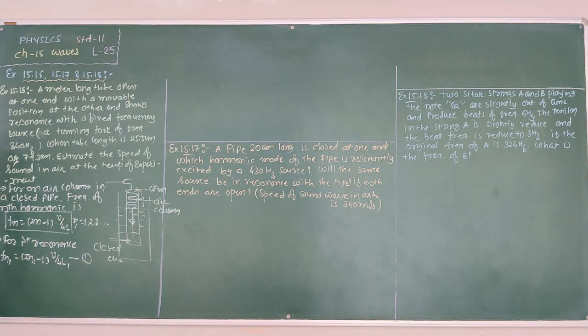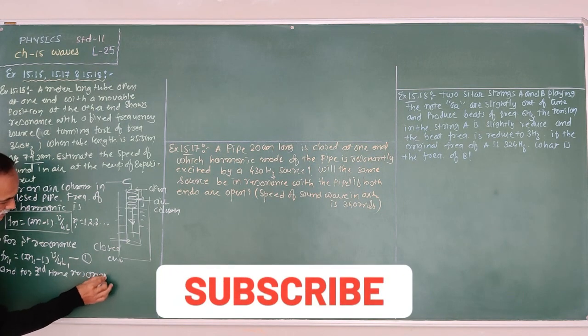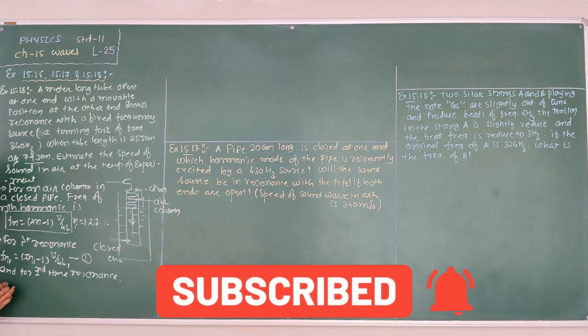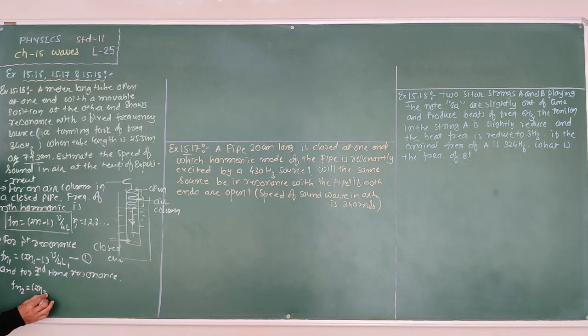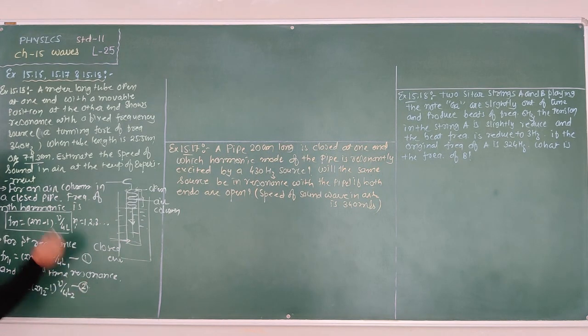And for the second resonance, which occurs at another length 79.3, the frequency Fn2 is equal to (2n2 minus 1) into V upon 4L2, equation 2.